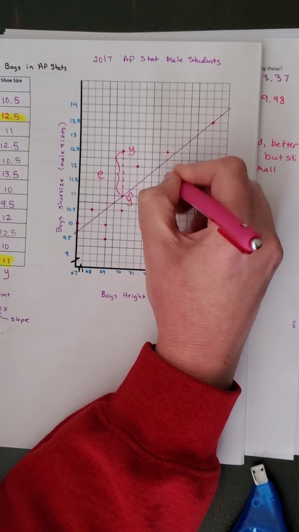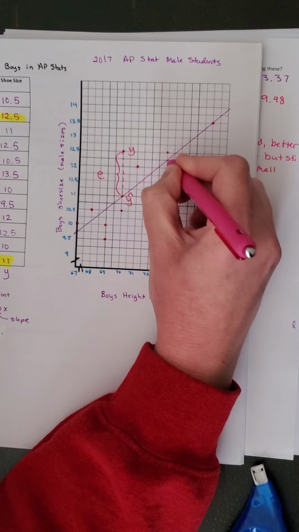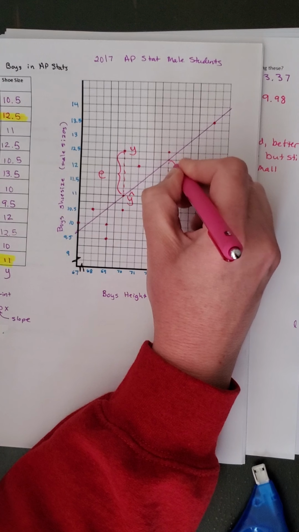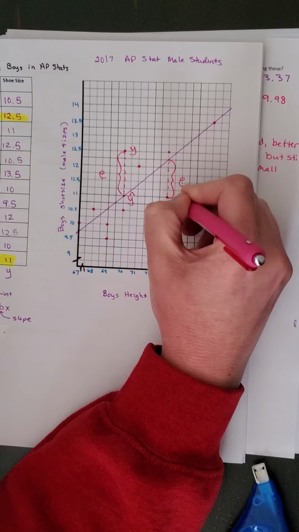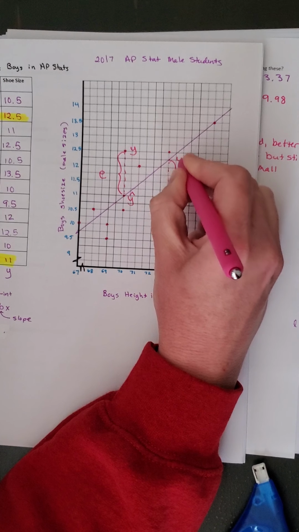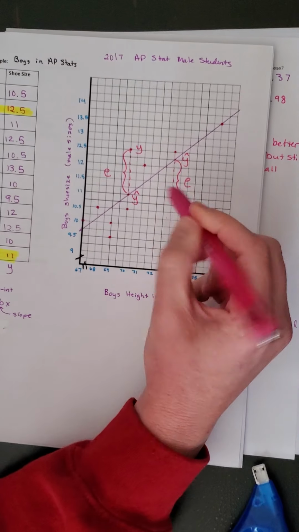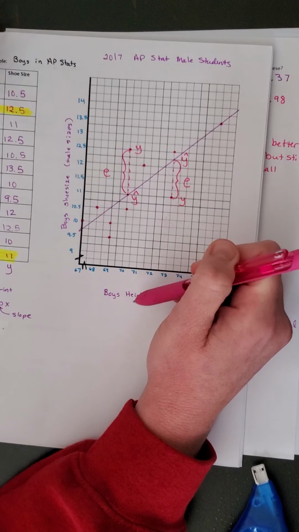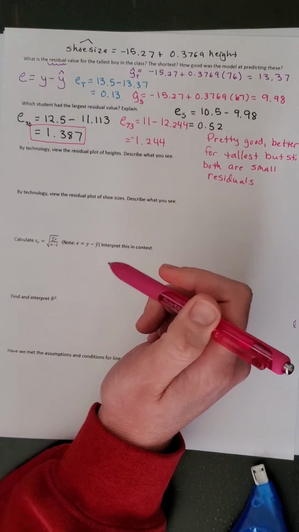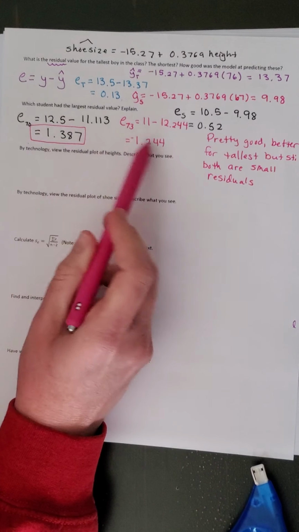And this individual also was far off the line of fit, but it seemed a little closer. His E, again, Y minus Y hat. This individual's residual value was just slightly higher than this individual. And I can tell that by calculating each residual value.